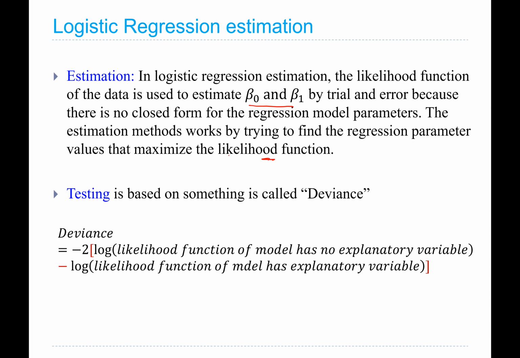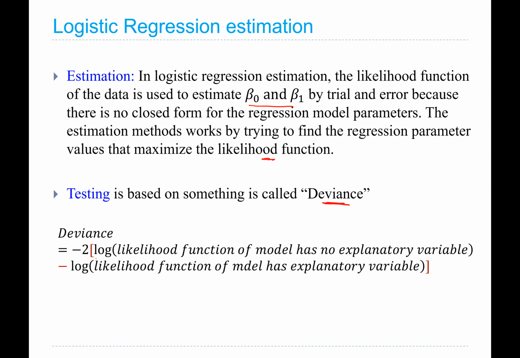What about testing? After estimating beta 0, beta 1, I would like to test whether beta 0 is significant or not, and whether beta 1 is significant or not. We do not depend on residuals, as in the multiple linear regression and simple linear regression. We work with something called deviance. What is the deviance?